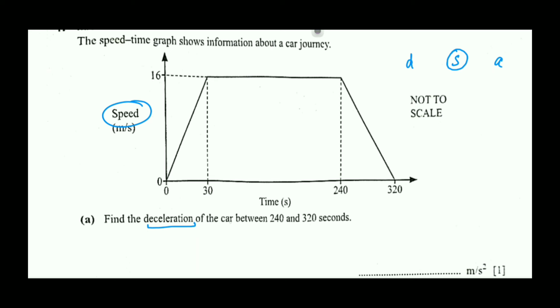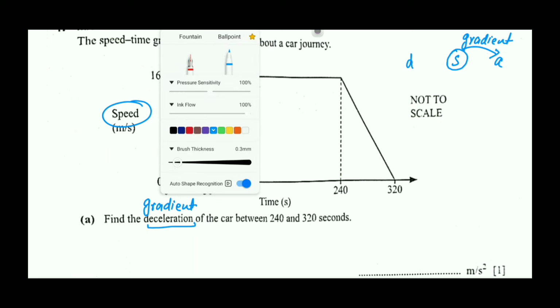Deceleration actually means acceleration, so you are going to find acceleration from speed. Going forward means you have to find gradient. So deceleration here means you have to find gradient. So now we will use the formula of gradient.